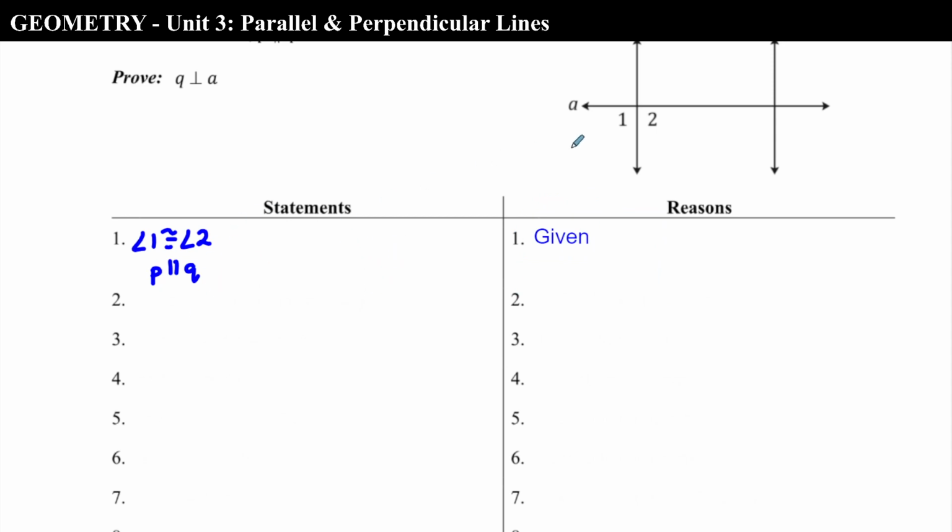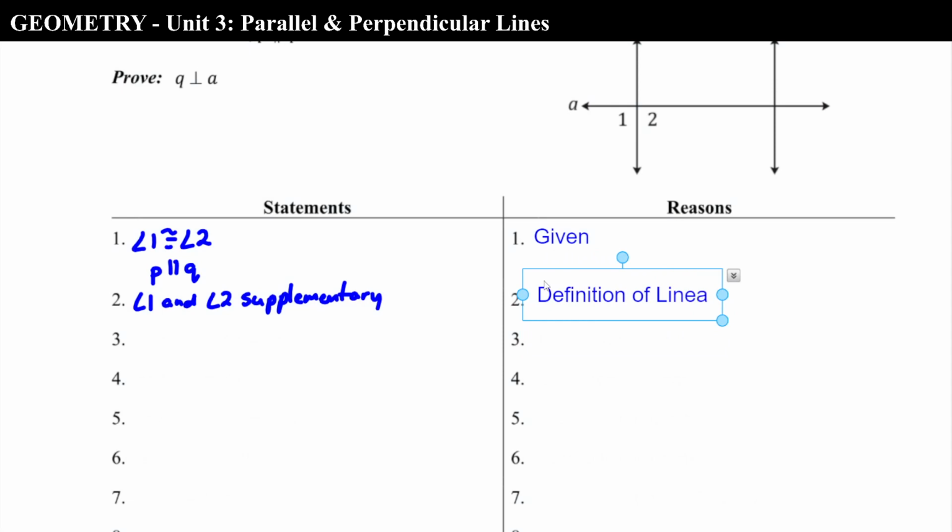Now, we know that 1 and 2 are going to be supplementary. And that is because they are a linear pair. And so part of the definition of it being a linear pair is that they are supplementary. So our reason here is from the definition of linear pair.